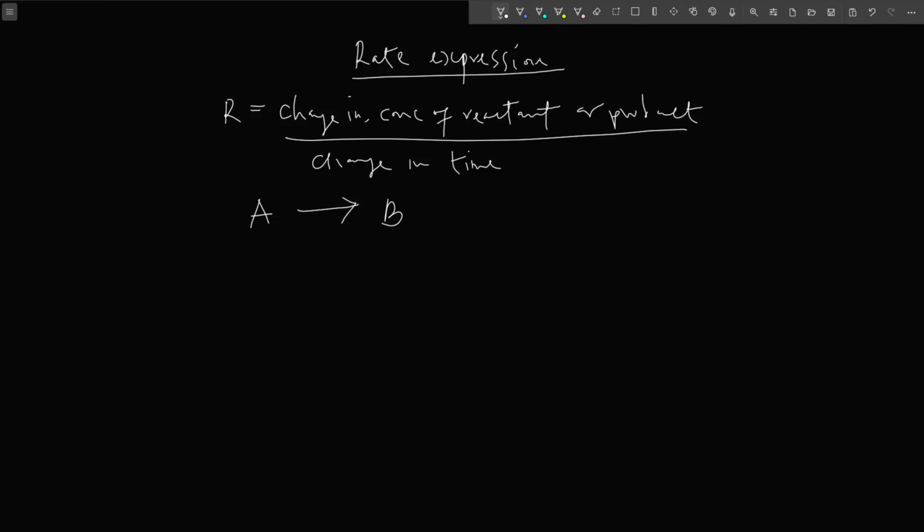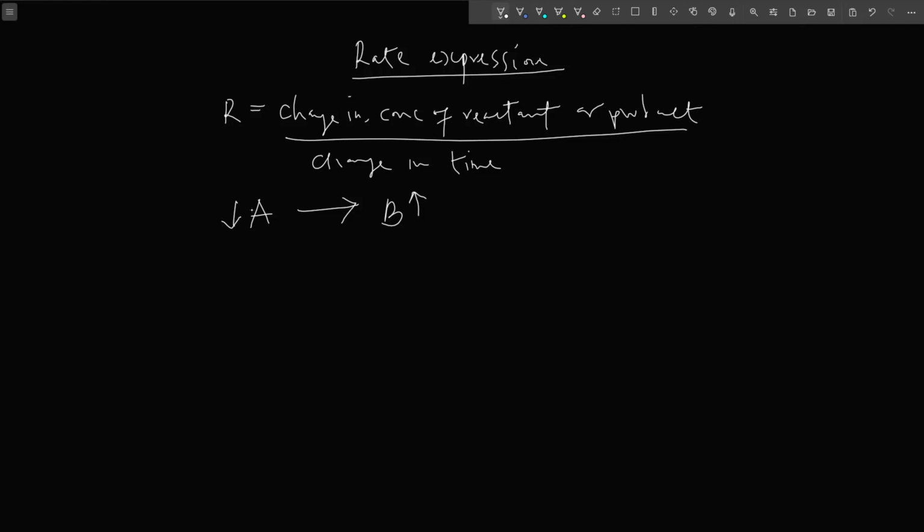So what will be the rate of reaction of A and what will be the rate of the reaction of B? Now, in the previous video, I explained that as this reaction proceeds, the concentration of A reduces while the concentration of B increases.